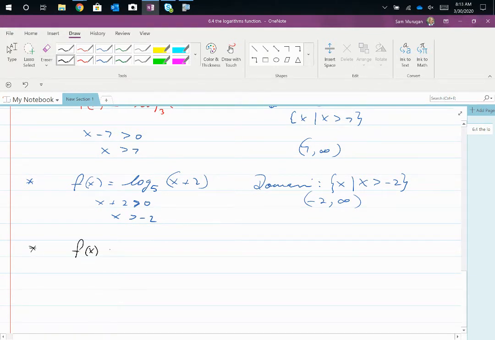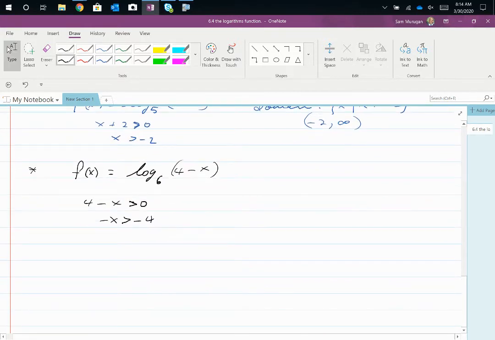f of x equals log base 6 of 4 minus x. Set 4 minus x greater than 0. So taking away 4 from both sides, we get -x is greater than -4. And then dividing by -1, we get x is less than 4. Notice the flip in the sign because we divided or multiplied by a negative number.